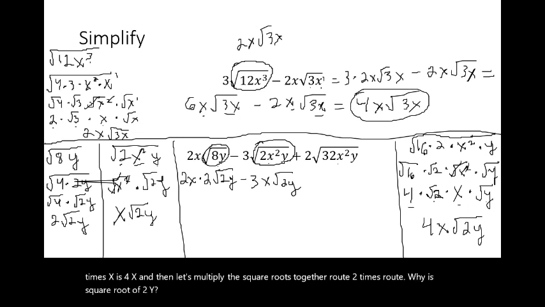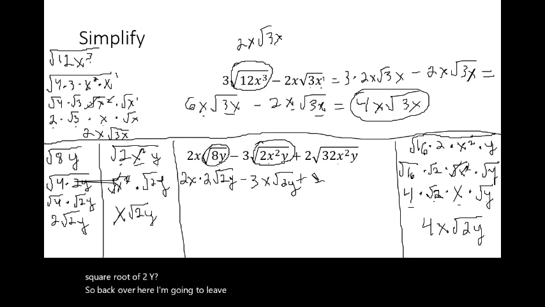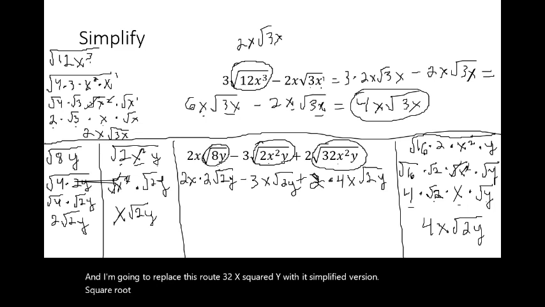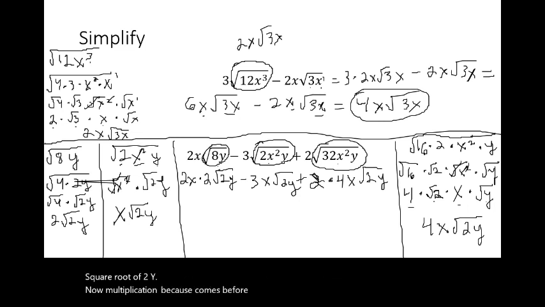So back over here, I'm going to leave that plus 2 alone. And I'm going to replace this root 32x squared y with its simplified version, 4x square root of 2y. Now multiplication comes before addition and subtraction, so let's clean this up by multiplying.